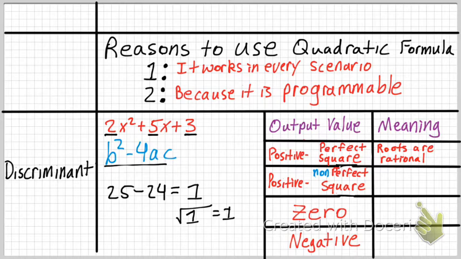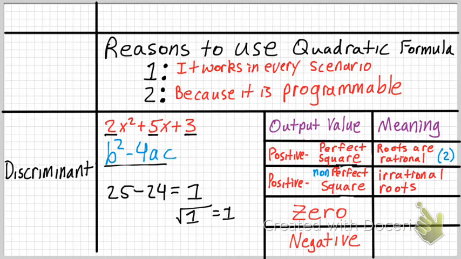If I had a positive non-perfect square, then it would have irrational roots. And if you have a positive perfect square, it'll be 2 roots.